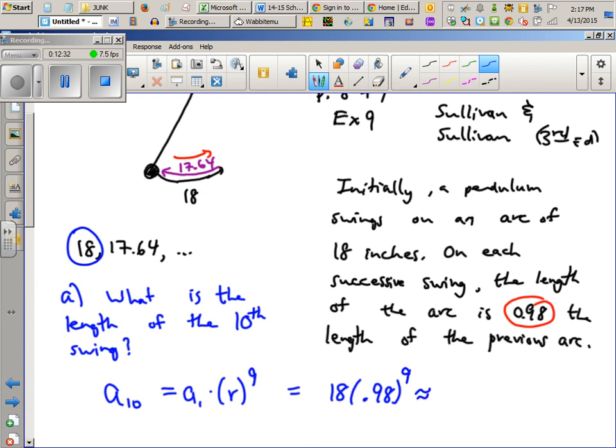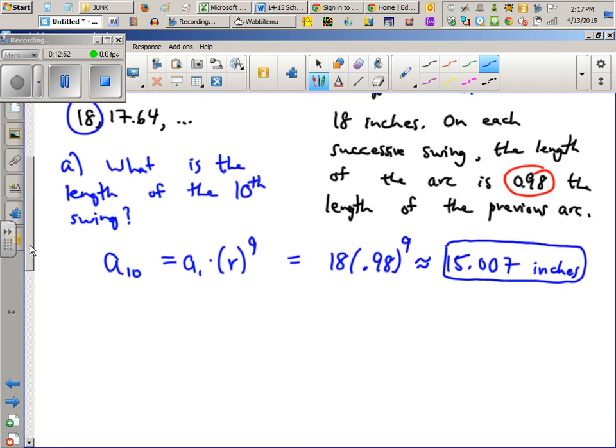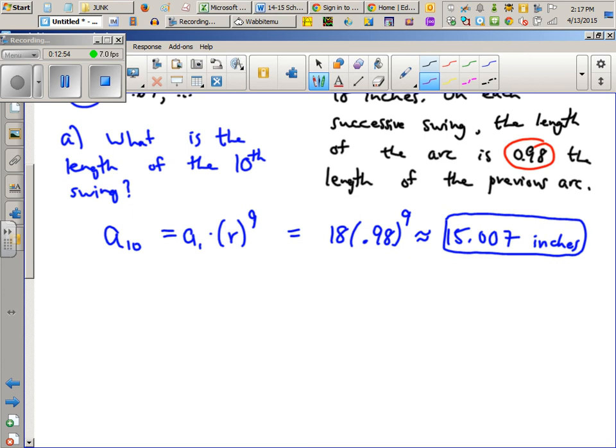If you type this into your calculator, you'll see the answer. It's 15.007 inches. So it started out by swinging across 18 inches, but after 10 swings, it's only doing 15 inches, roughly. Make sure you have that nearest thousandth look, right? We talked about that.